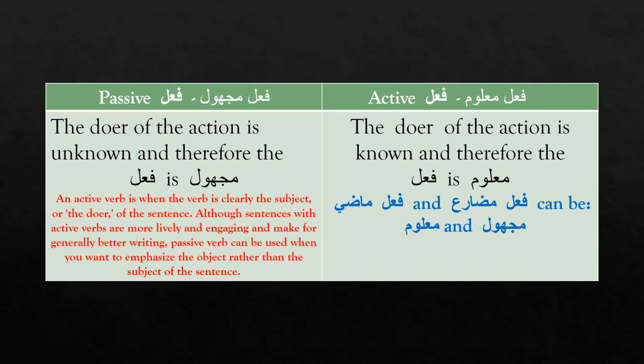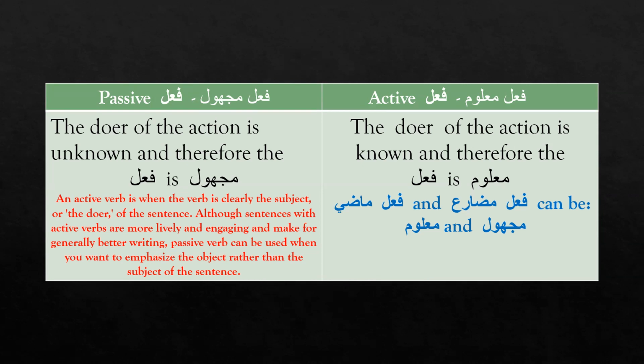So, alima means to have the knowledge of something. So, when something is known, it is known as ma'lum. When the doer of the action is known, we will call it ma'lum. A fi'l is fi'l ma'lum, and it works with both fi'l madi and fi'l mudari, right?